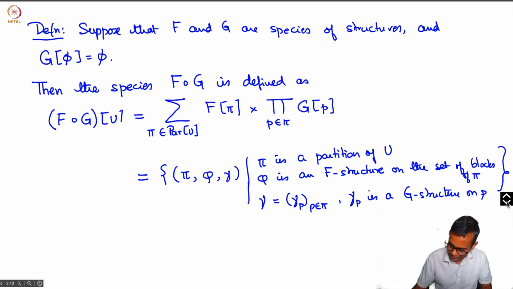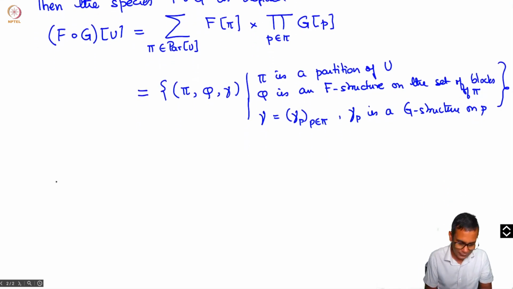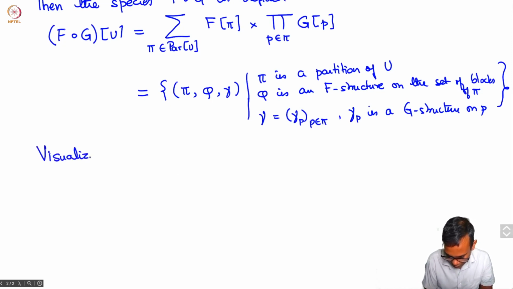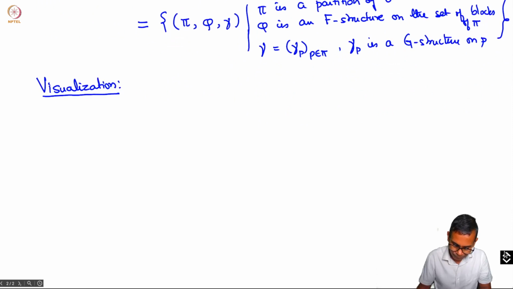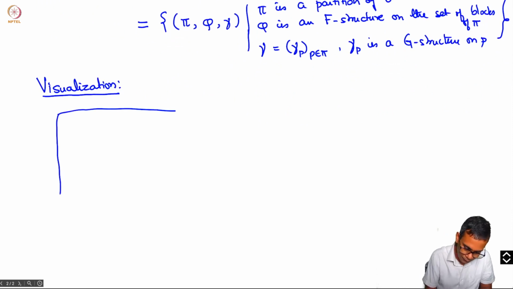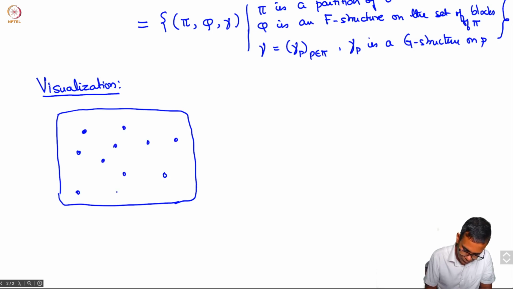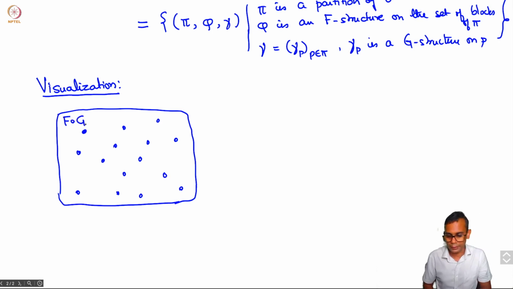Let me give you a visualization of this and then we look at examples. Of course, we already looked at one example, so we'll go back and look at that first. So a general visualization could be that you have a set with a whole bunch of points and you want to put an F circle G structure on it.